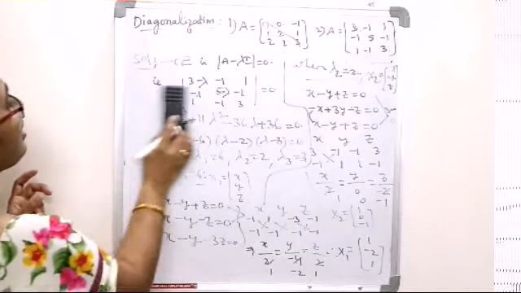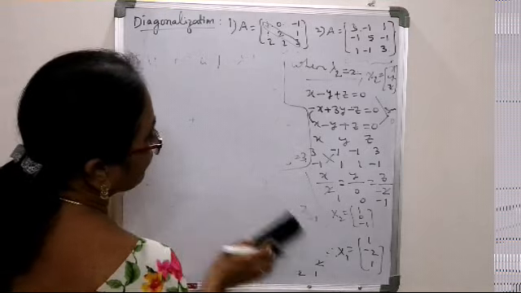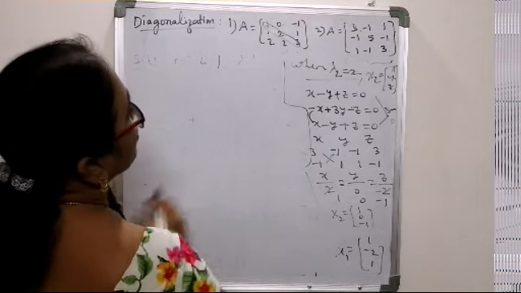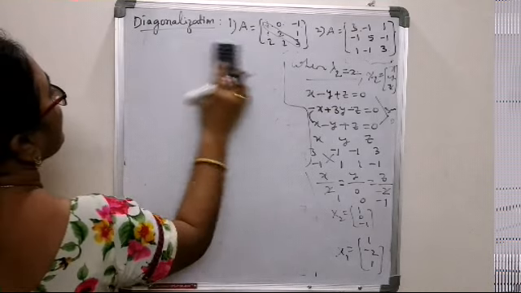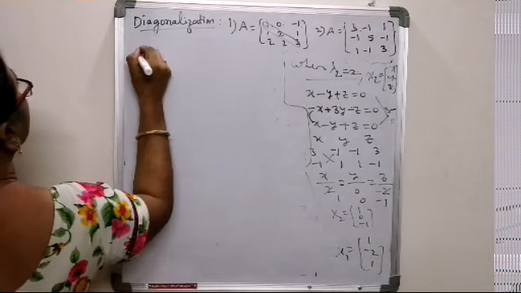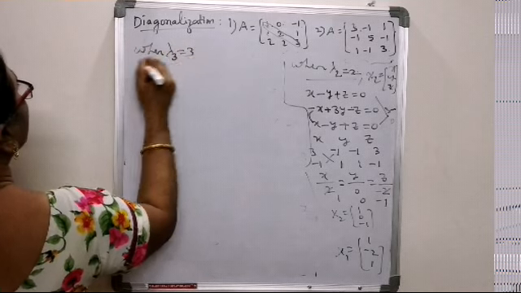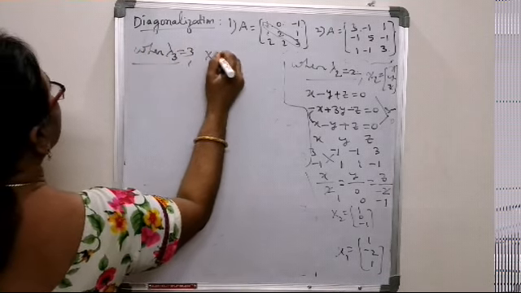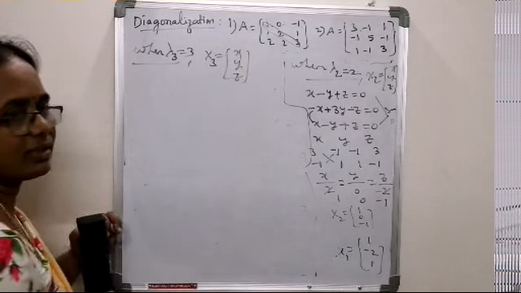Similarly, now we calculate the third eigenvector corresponding to the third eigenvalue, lambda 3 equal to 3. Let X3 be the eigenvector whose entries are x, y, z.